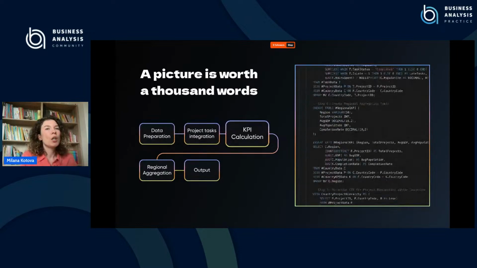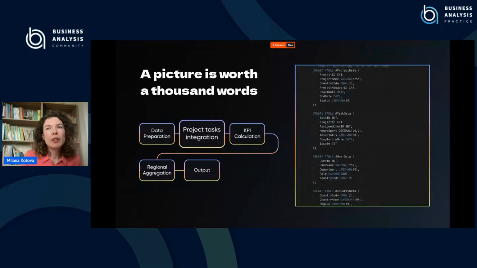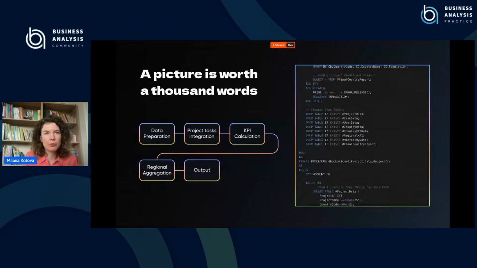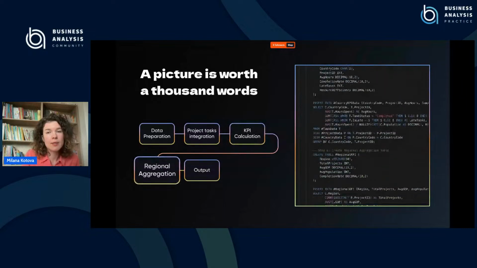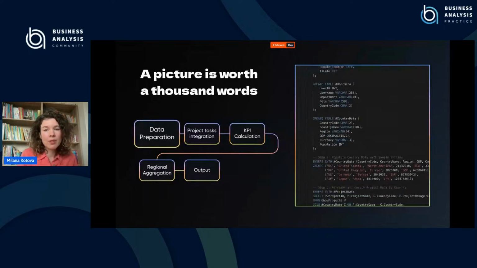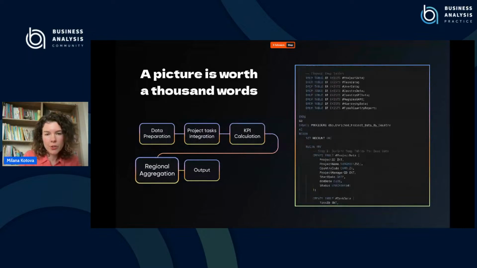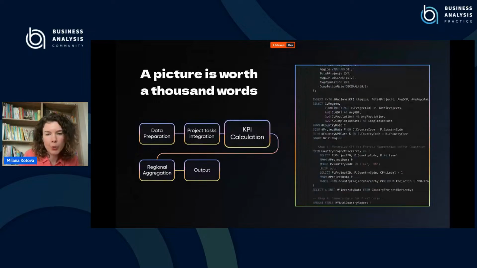So when I first joined my project, I got just an enormous amount of new information in the form of code. It wasn't described, it wasn't divided into readable, comprehensive business requirements.